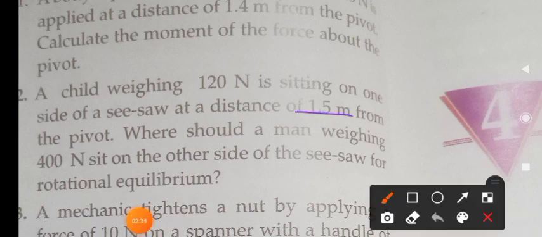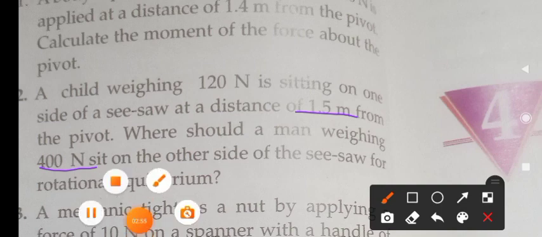Force of the child is 120 Newton and the distance is 1.5 meter. And the force of the man is 400 Newton. So what is the distance where he would sit on the seesaw in order to achieve this rotational equilibrium?